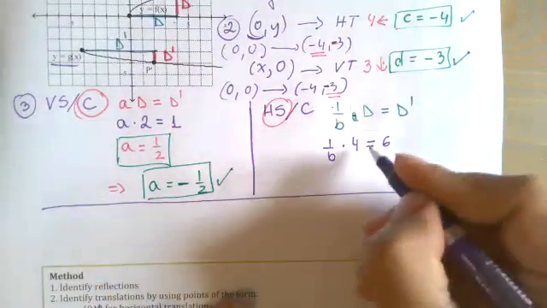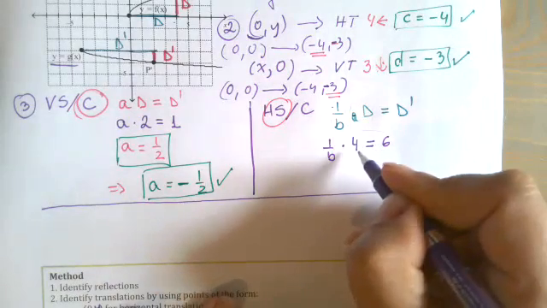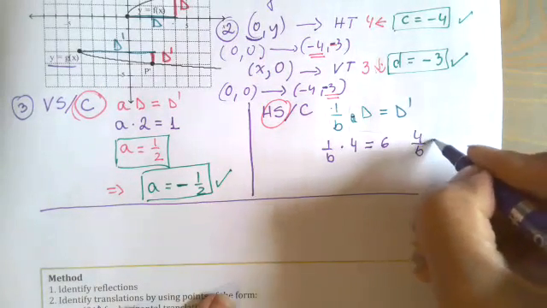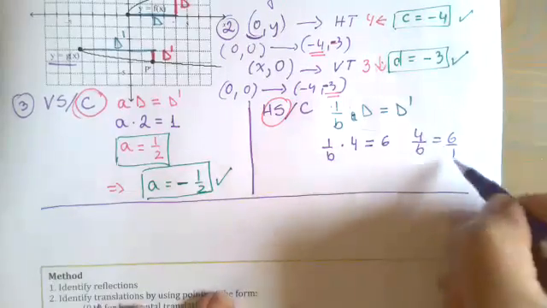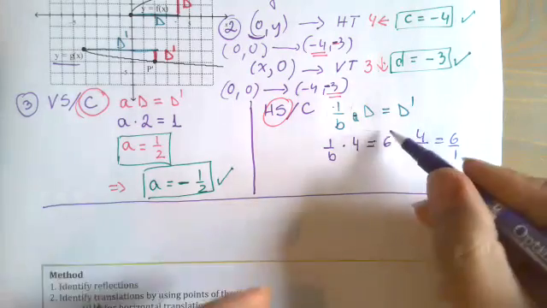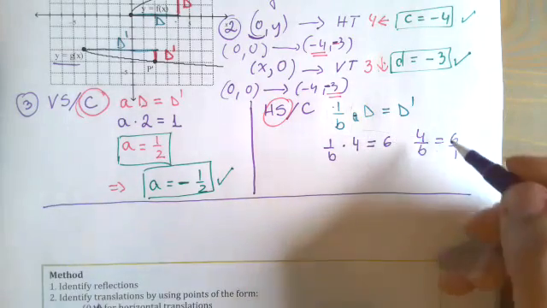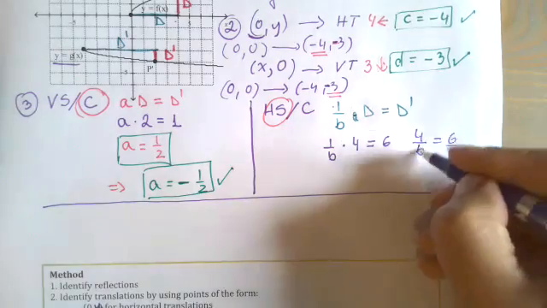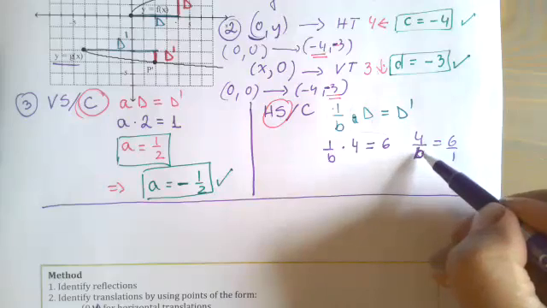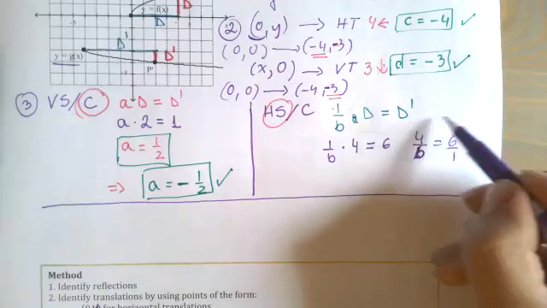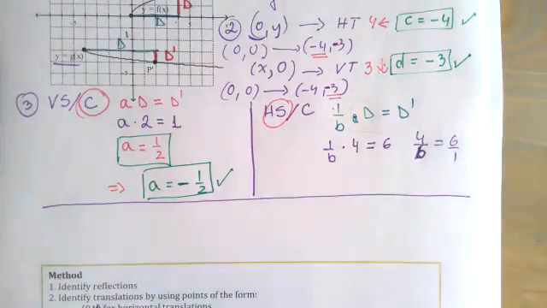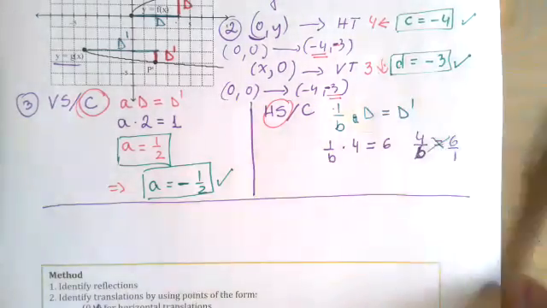So let's see, 1 over B, we're going to divide both sides by 4, or we can do 4 over B equals 6, and then we can just cross multiply at this level. So you can solve this however you want, as long as you don't break any algebraic rules. I always like to make my equations that have fractions into what we call a proportion. So a fraction equals another fraction, and then I can just cross multiply.